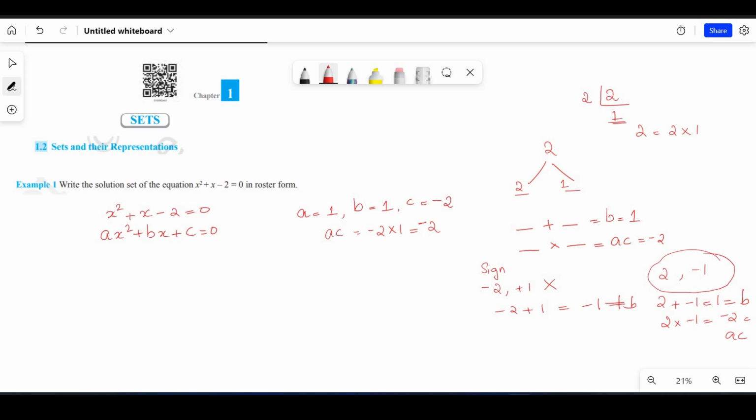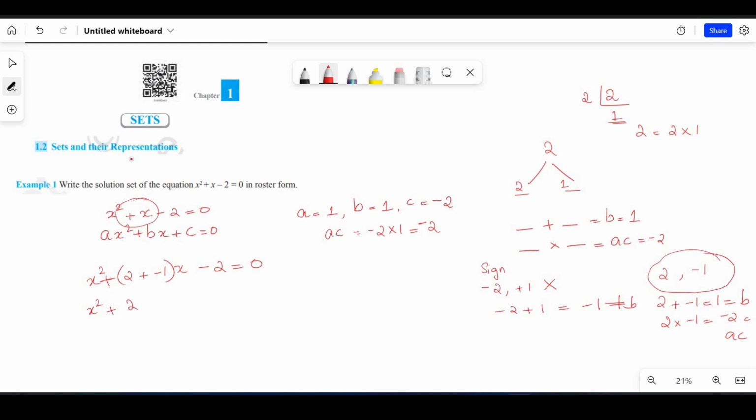Now we have to split the middle term, that is x square plus b x, where b is written as 2 plus negative 1, right? So let's substitute b here as 2 plus negative 1, and x still remains, minus 2 is equal to 0. Now let's take x inside the bracket.